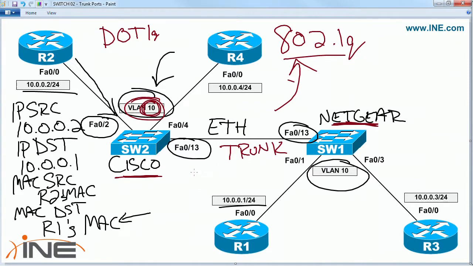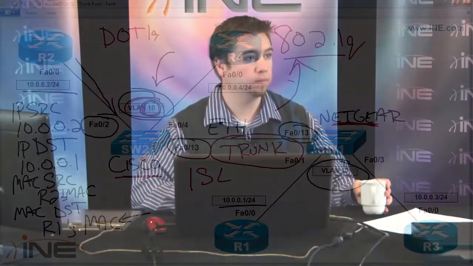If on the Cisco switch we were to run the proprietary version, which is ISL, then it would not work. But only because they can encode the VLAN number on the trunk link between them, then it's going to be valid.